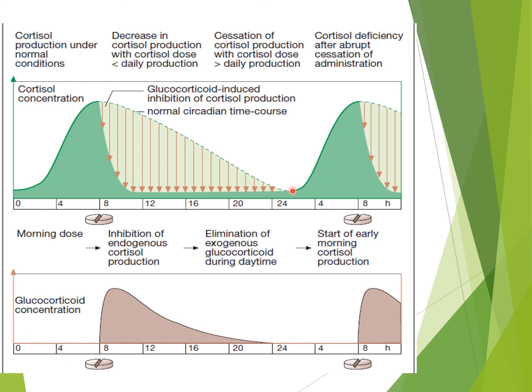We cannot stop using it immediately. It is a big mistake of the doctor. So you have to explain to your patient how to use the drug and to prevent the main side effects of this drug: adrenal insufficiency and withdrawal syndrome.